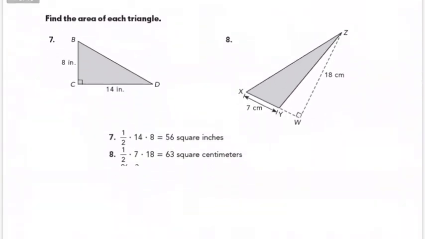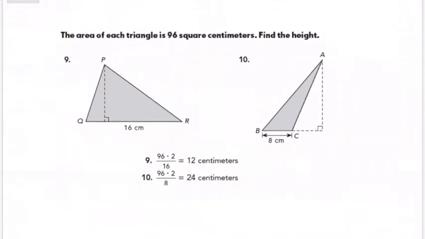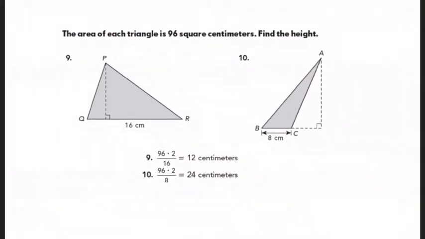All right, number 7 and number 8, I'm not really going to go over because it's just 1/2 base times height, so you should be able to figure out where the height and the base are. The first one is 56 square inches, and number 8 is 63 square inches. Here's the dog again. The next 2, you have to find the height, so I'll quickly show you these. Area equals 1/2 base times height.